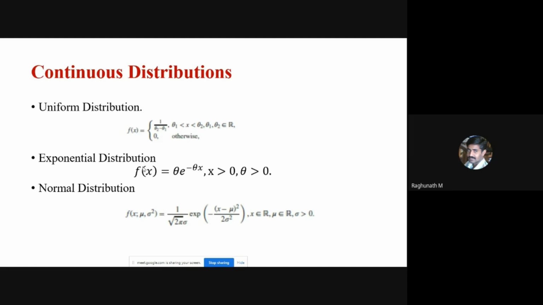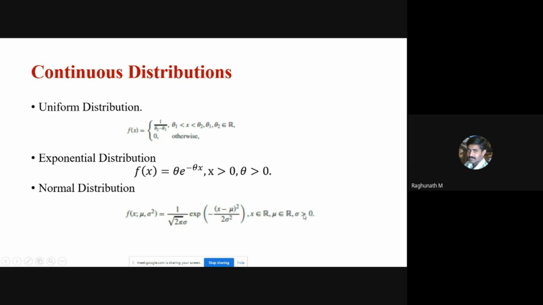The density function is given by f of x is equal to 1 by root 2 pi sigma, with sigma outside the root, into e to the power of minus x minus mu whole square divided by 2 sigma square, where x takes values on the real line, mu also takes values on the real line, and sigma is greater than 0.